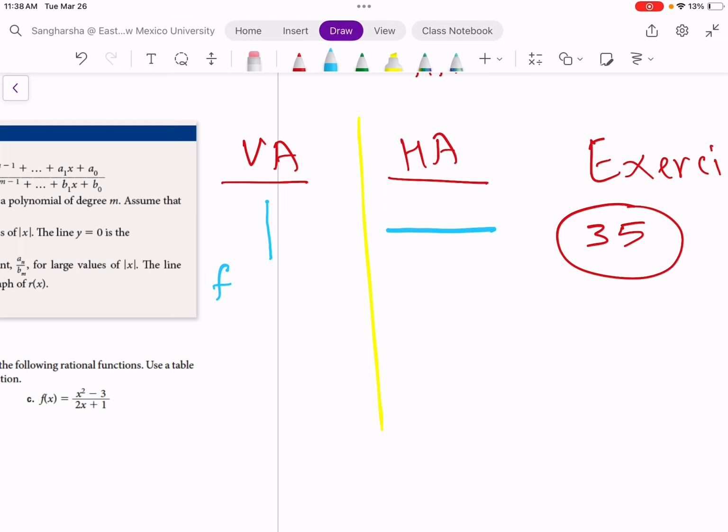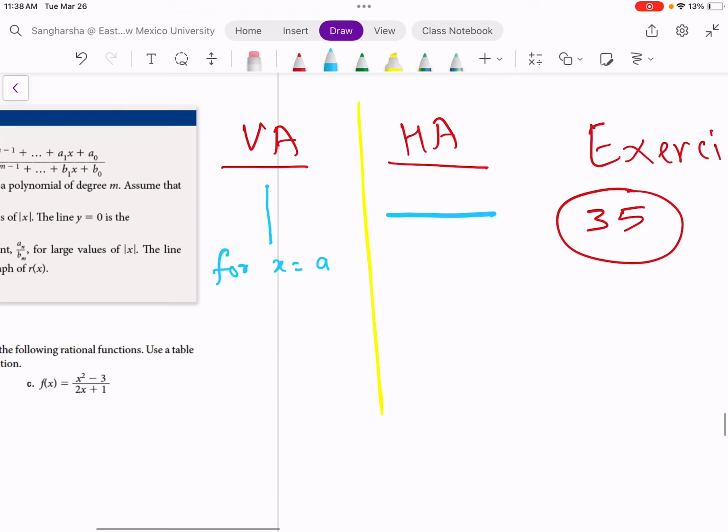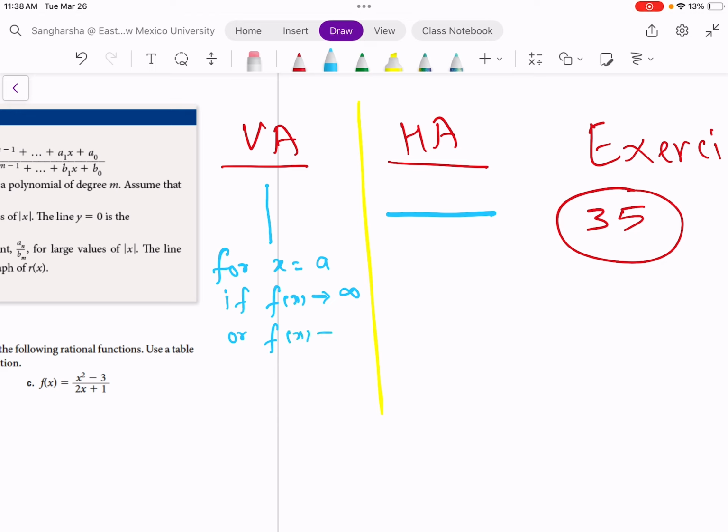So for x equals some number, let me call it a, if your output f of x is a very big number, or f of x is a very small number, then x equals a is the vertical asymptote.